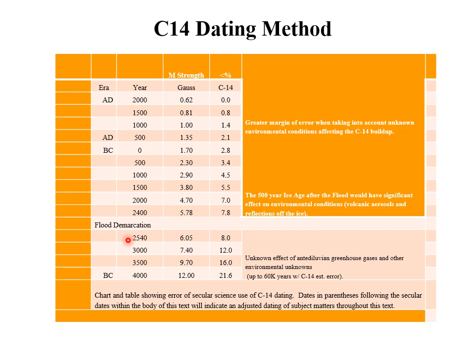You go back 2,500 years, and the gauge strength should be at 6.5 gauss, and it should affect carbon-14 by 8%. Okay. There is a greater margin of error when taking into account unknown environmental conditions affecting C14 buildup in this range.